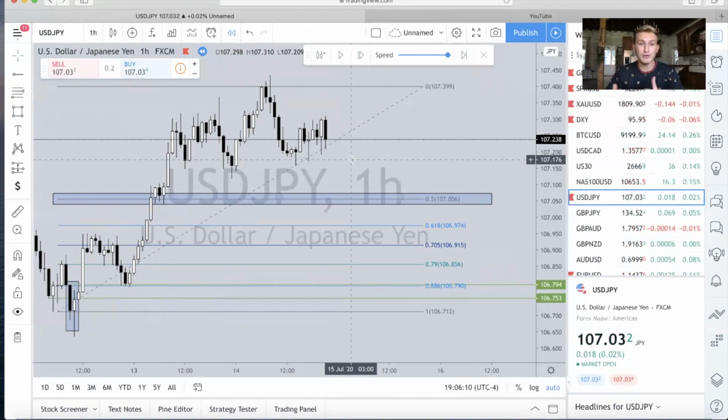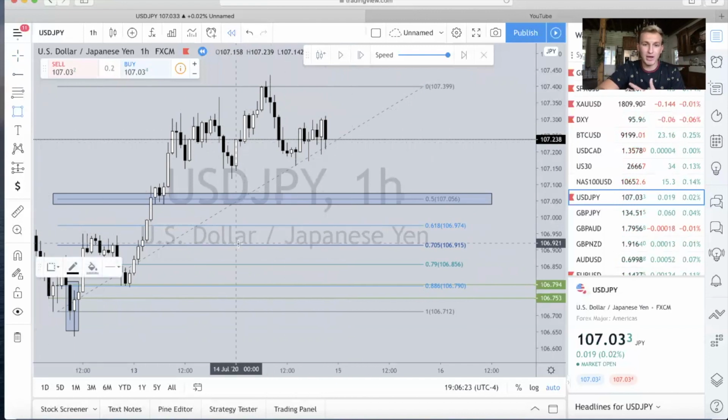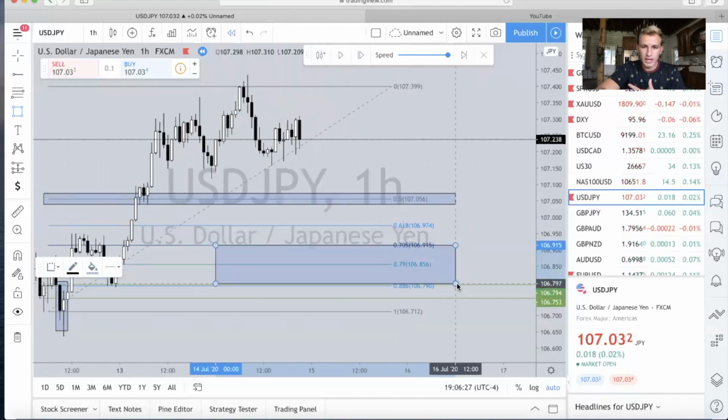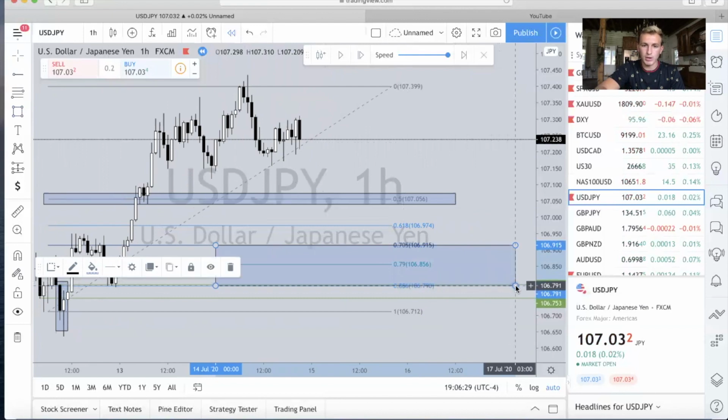The third thing I use the Fibonacci tool for is where we are expecting the market to pull back to. Me personally, I like anywhere from the 70% to the 88.6% area. As you can see, we have the 70% and all the way to the 88.6%.